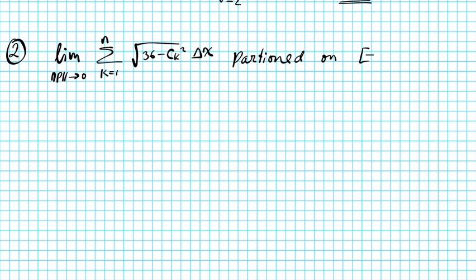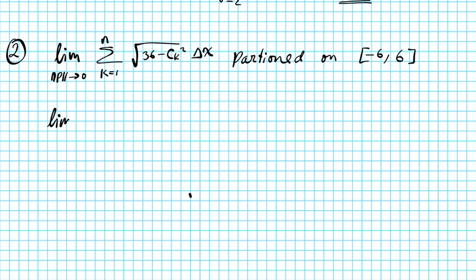So what we're going to do first is express this limit of Riemann sum as a definite integral. Then we're going to use the tools of geometry to see if we can evaluate what the area under the curve is. So this limit, let me write it down here.